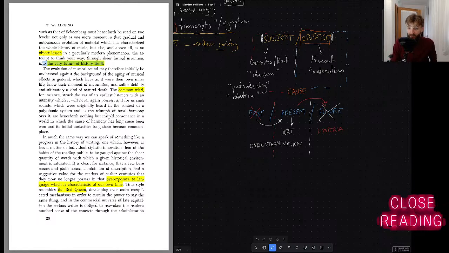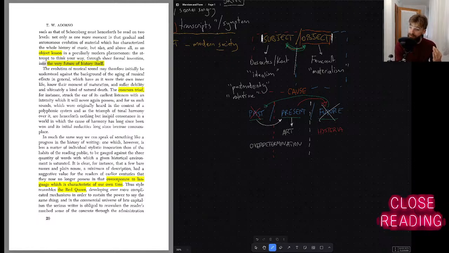And that object lesson is "the attempt to think your way through sheer formal invention into the very future of history itself." So this is Jameson's linguistic way or attempt of neither cancelling the past nor cancelling the future, of keeping this tension, let's use green, keeping this tension between the subject and the object existing, and therefore having the very future of history itself.